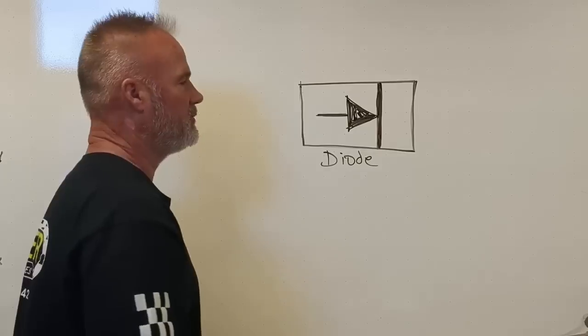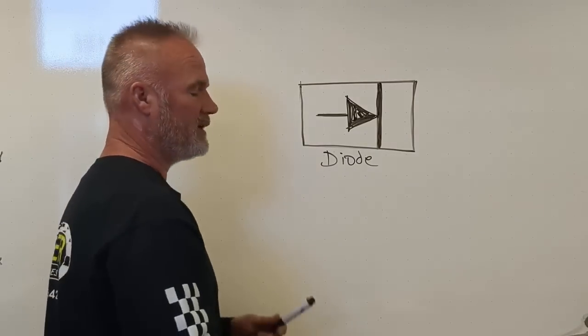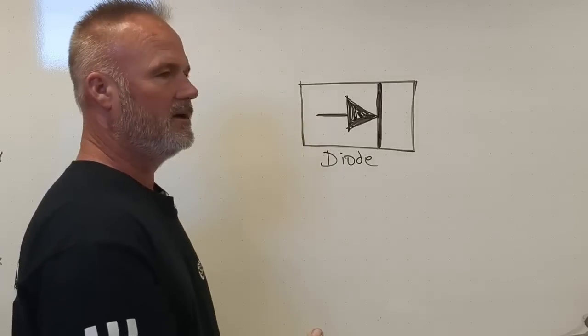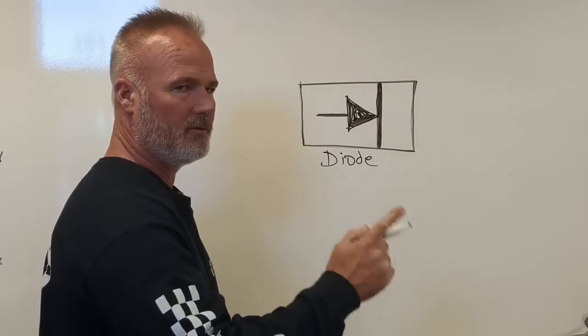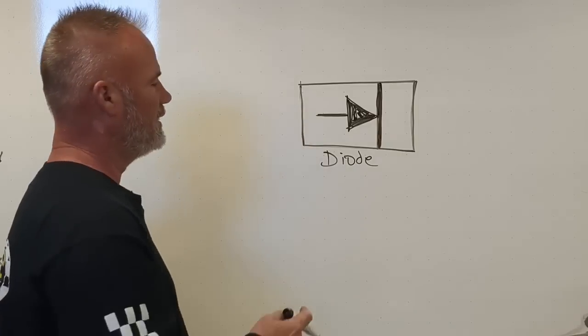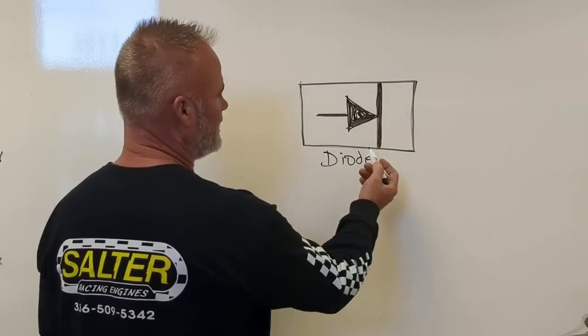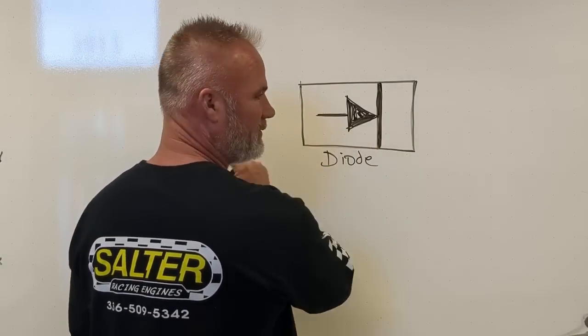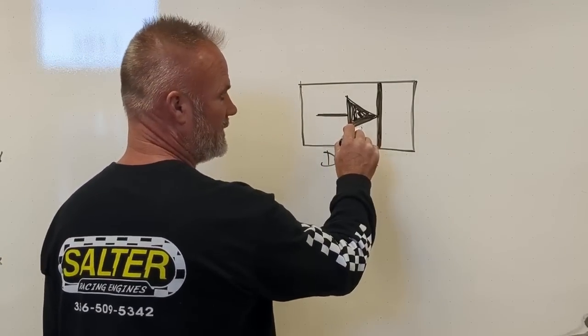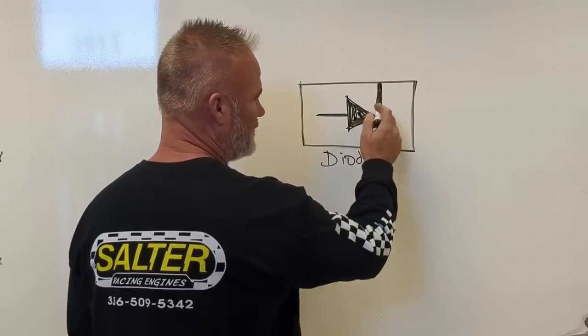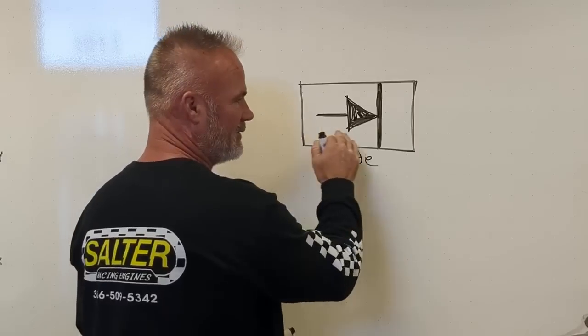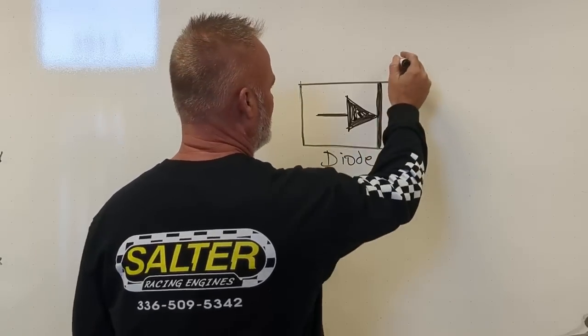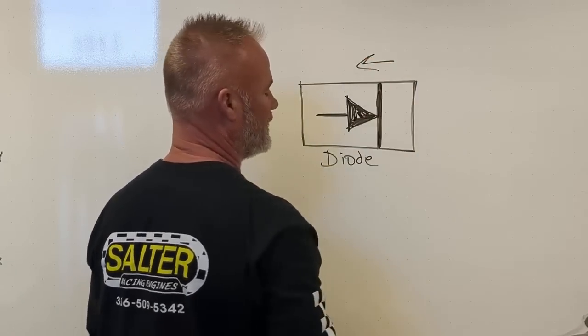This is a diode. And a diode, by the way, is designed to only allow current to flow in one direction. Basically, what it's telling you is current cannot flow that way. The arrow against the wall means electricity will not be able to travel that way. It can only travel this way.